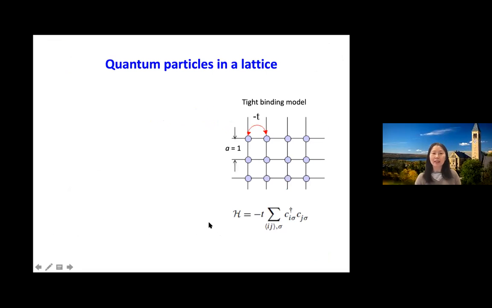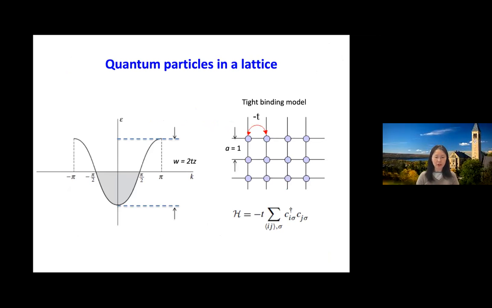So let's first consider an array of atoms with just one non-degenerate level. The Hamiltonian of the simple case consists of hopping of an electron from a site to a neighboring site, described by the hopping matrix T. This leads to a very simple band.